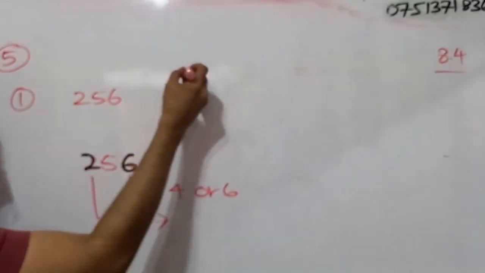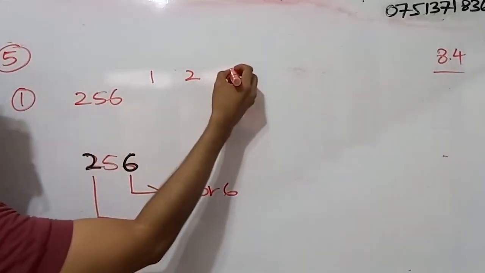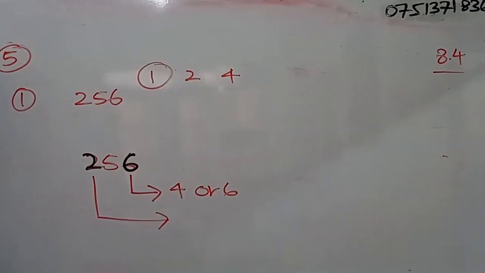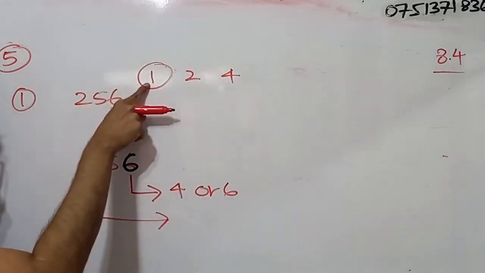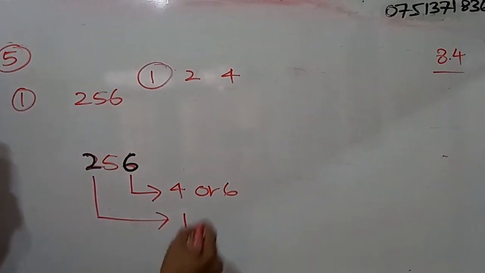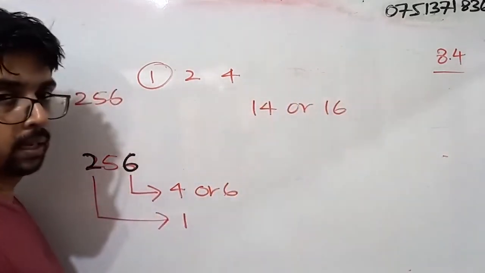Then here we have 2. So we know the number 2, that is positioned between the perfect squares 1 and 4. So we have to pick the number 1 and the square root of number 1. Right? So it is what? 1. So what can be the number? It can be 14 or 16. Right?